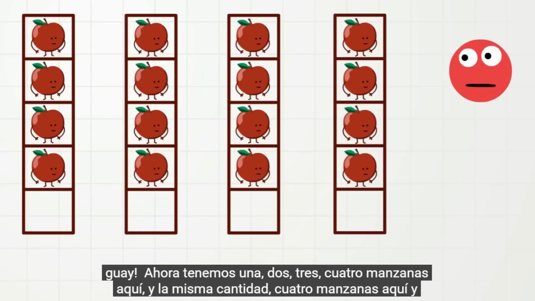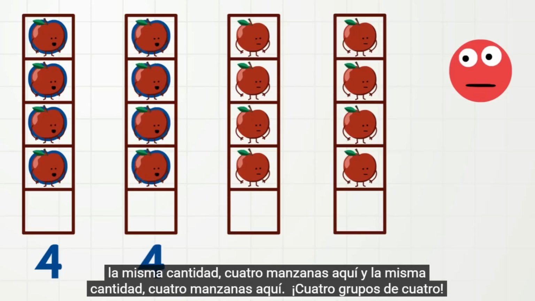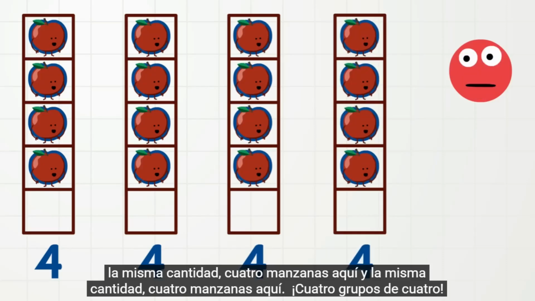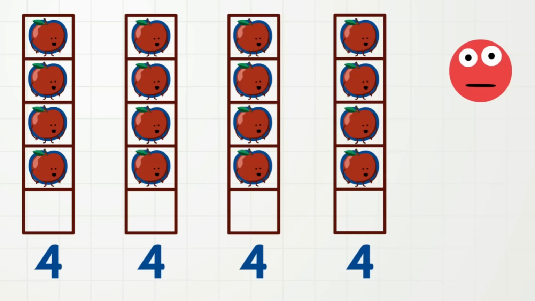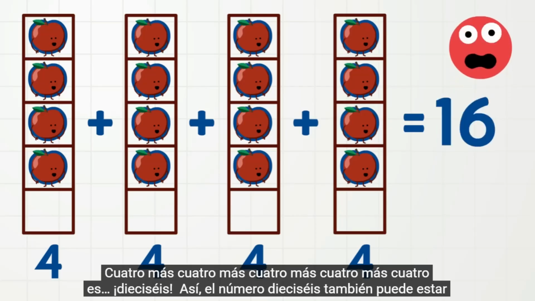Oh, cool. Now we have 1, 2, 3, 4 apples here, and the same number 4 apples here, and the same number 4 apples here, and the same number 4 apples here. 4 groups of 4. 4 plus 4 plus 4 plus 4 is 16.